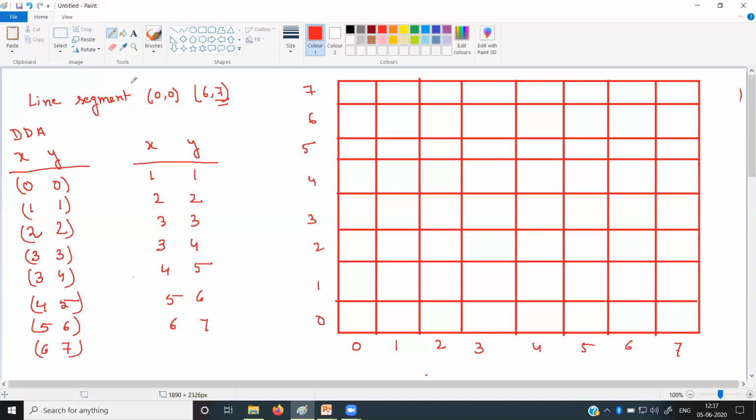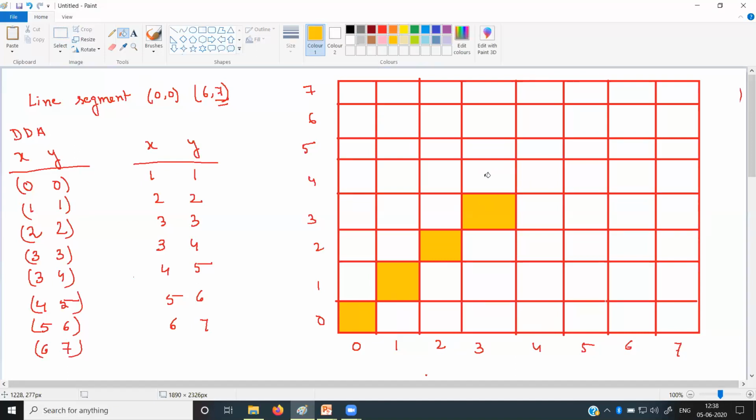Now what we have to do, we will first plot for the DDA algorithm. Fine. So for the DDA algorithm, we will plot it. First one is the 0, 0. Second one is the 1, 1. Third one is the 2, 2. Fourth one is the 3, 3. Fifth one is the 3, 4.